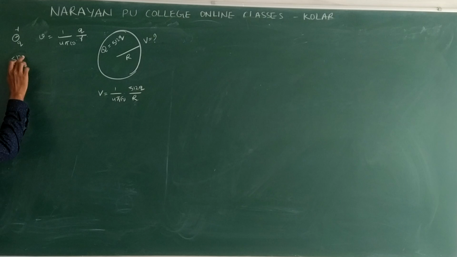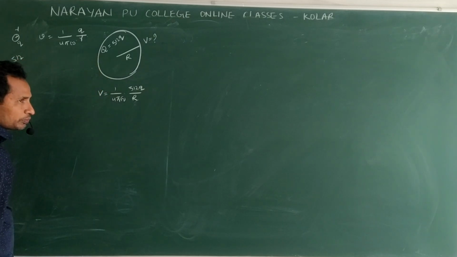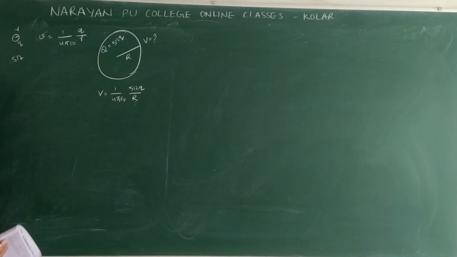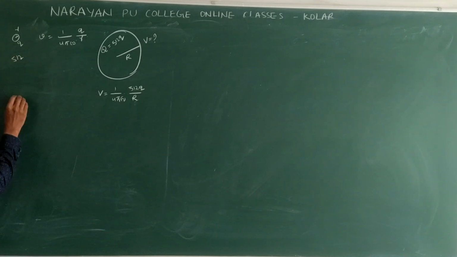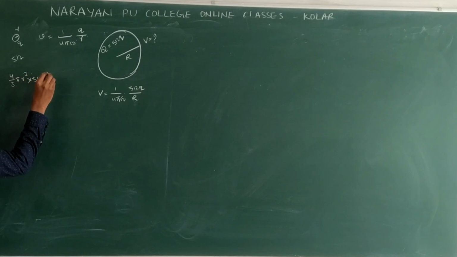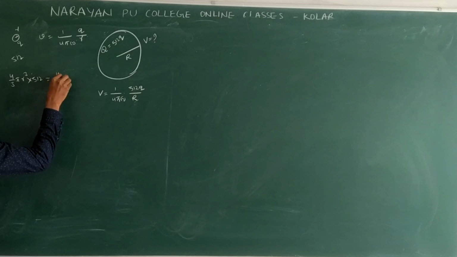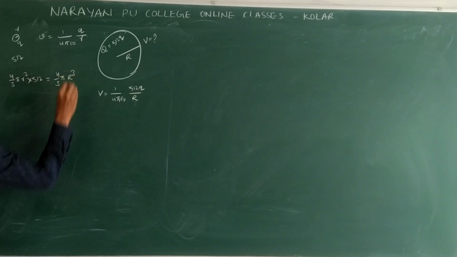All 512 volumes are equal to the bigger drop volume, because all are combining forming a big drop. So volume of the sphere is 4 by 3 pi R cube. How many are adding? 512 times 4 by 3 pi r cube is equal to 4 by 3 pi capital R cube.